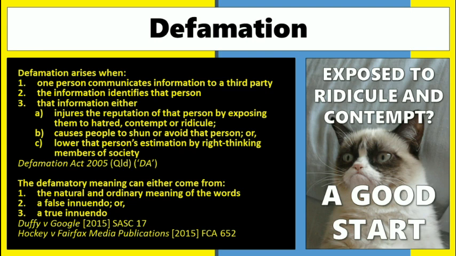And that's one way of doing it. Or to cause them to be avoided or shunned by other people. You become some sort of pariah or outcast. Or it lowers their esteem amongst people of the particular group that person or entity that is defamed belongs to.